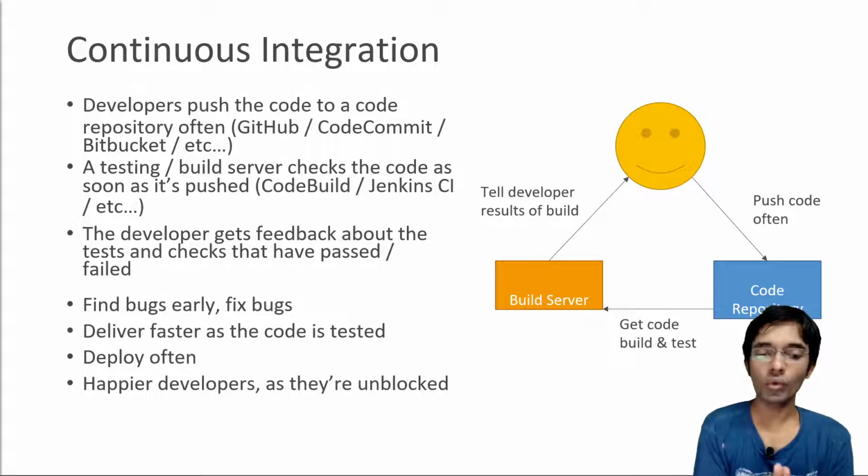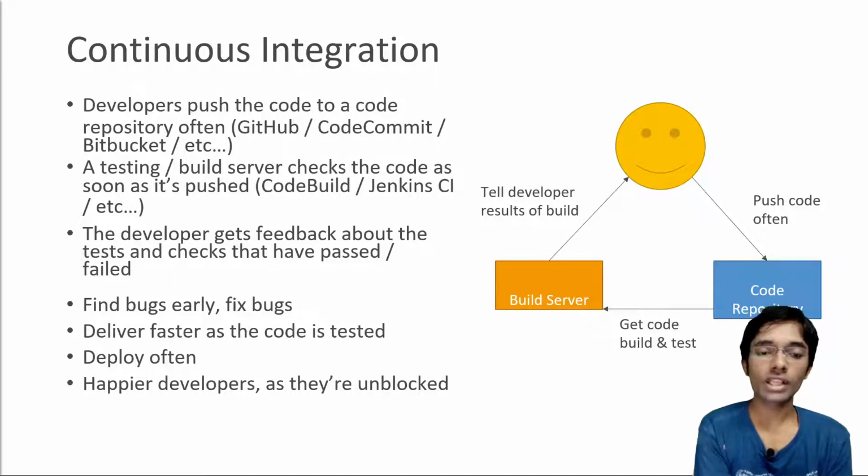So you would have a build or test server that checks the code as soon as it is pushed, with services like CodeBuild on AWS, Jenkins continuous integration, or others. The build server retrieves the code from the repository, builds it and tests it to see if it validates what it needs to.